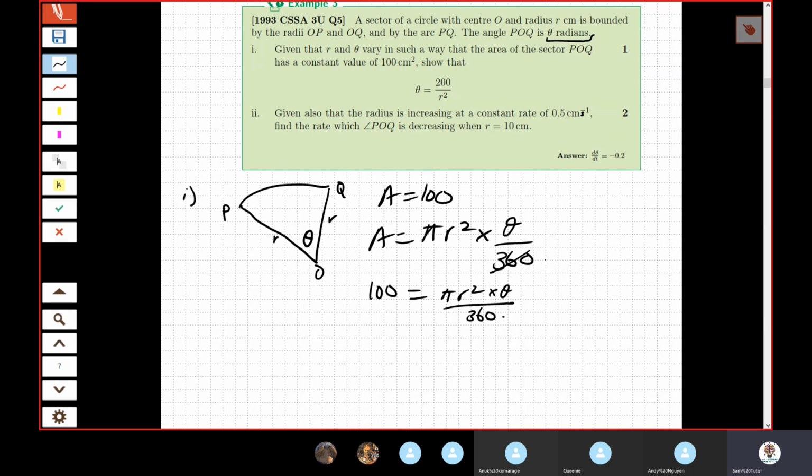That should really have been 2 pi. Then your pi and pi cancel, so you're left with r squared theta on 2. I think we can already tell the answer: times it by 2, divide by r squared.